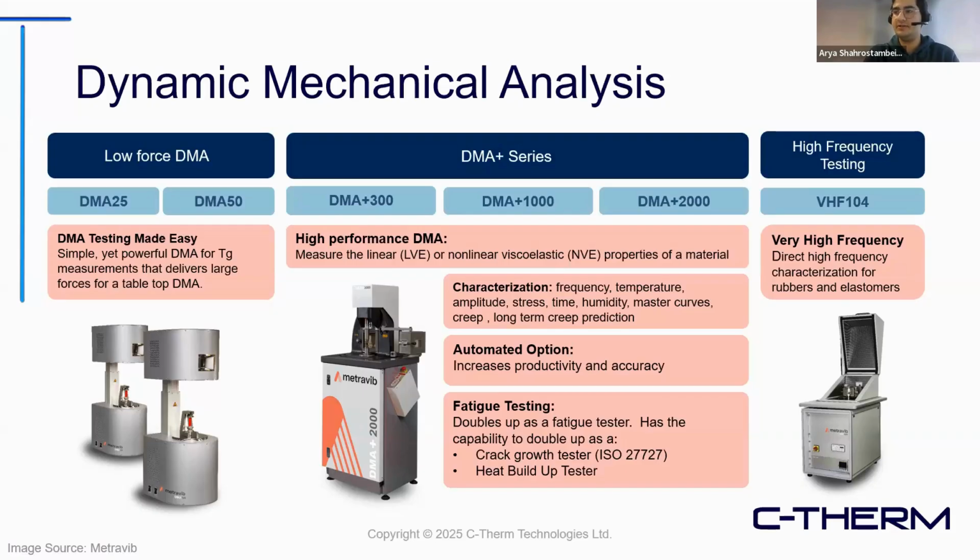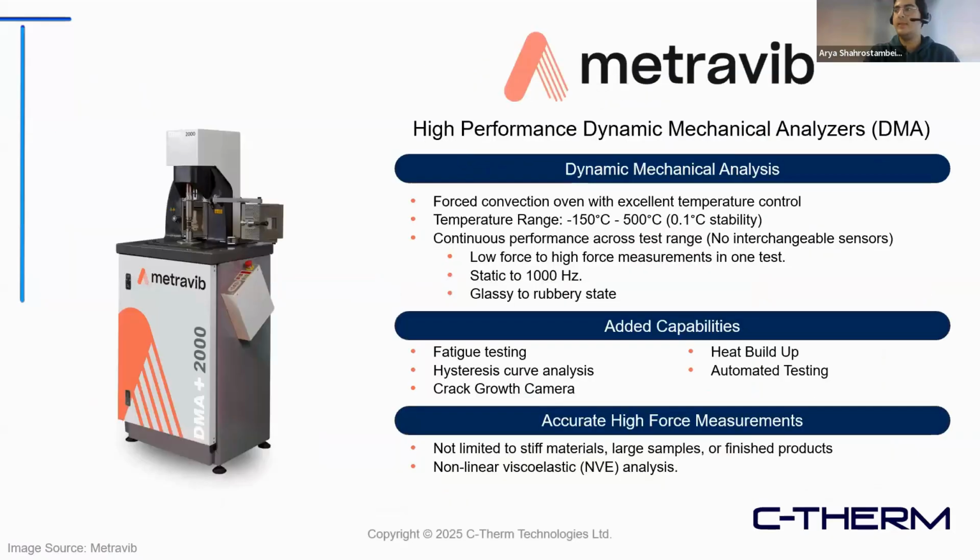So DMA plus series, we have 3 different DMAs for this series: plus 300, plus 1,000, and plus 2,000. The plus series stands for high performance DMAs. These DMAs are high performance machines that can give you more accurate results with more capabilities.